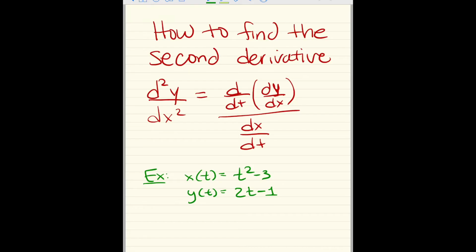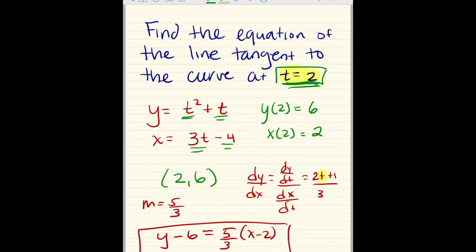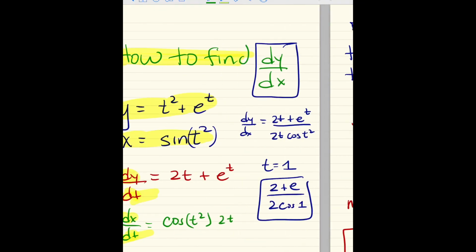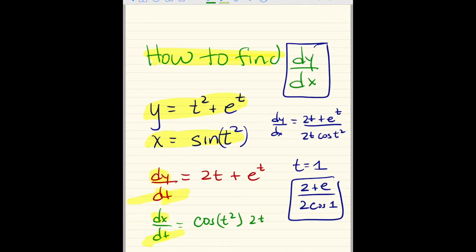First thing, to find the second derivative, what you're going to do is take the derivative of the first one with respect to t. Now remember, when you took the derivative of dy/dx, it was in terms of t, 2t plus 1 over 3.